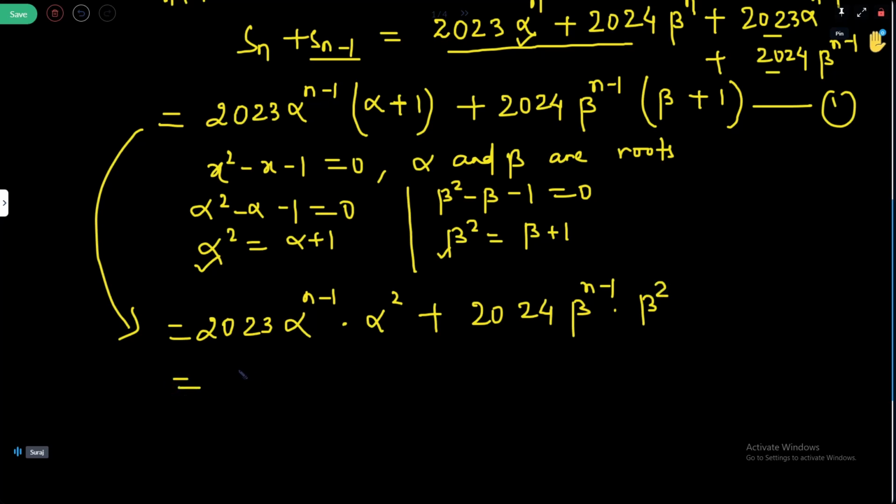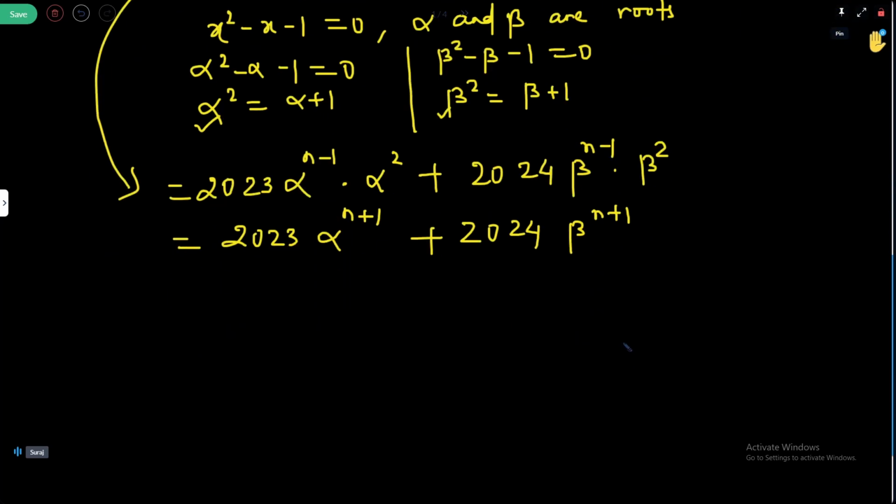Here you can see 2023 alpha power n minus 1 into alpha square means n minus 1 plus 2, it means alpha power n plus 1, and 2024 into beta power n plus 1. If you use the given relationship, you can write this as S n plus 1. So we get Sn plus S of n minus 1.